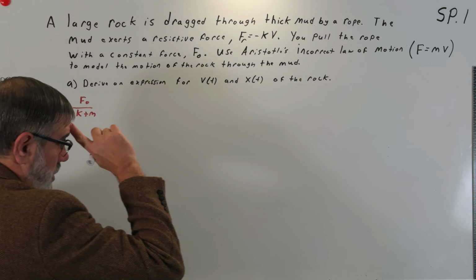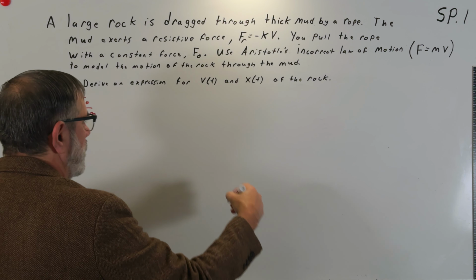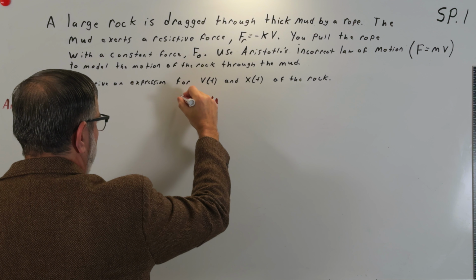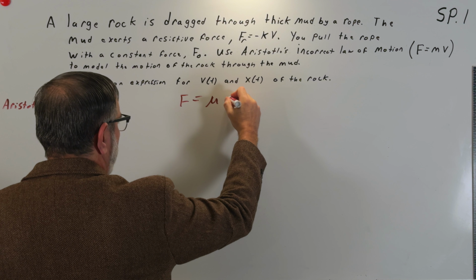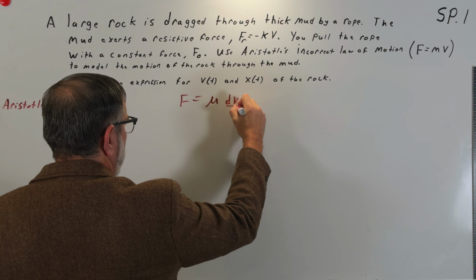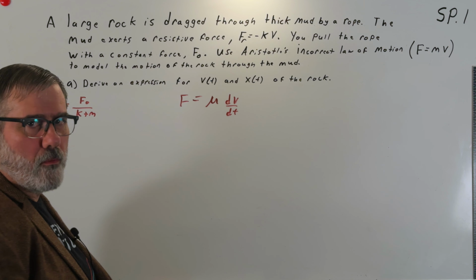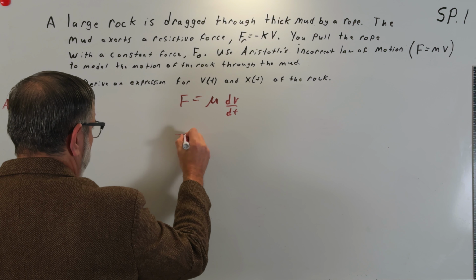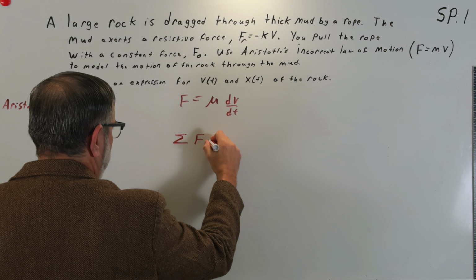So to distinguish the m's in Newton's laws, instead of using m, I'm going to use mu for the mass. So Newton's law would say F equals mu times dv/dt, or mass times acceleration. When we sum the forces up, that will be virtually the same.